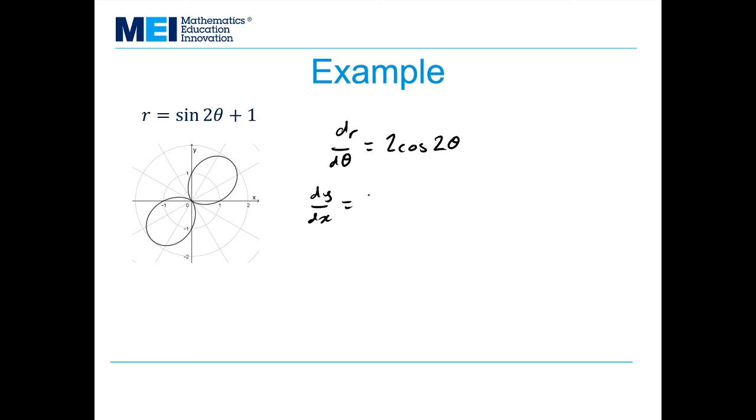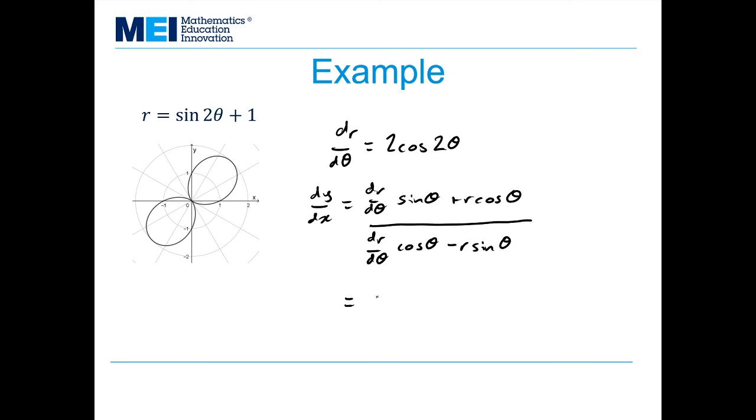So dy by dx is dr by d theta sine theta plus r cos theta, all over dr by d theta cos theta minus r sine theta.